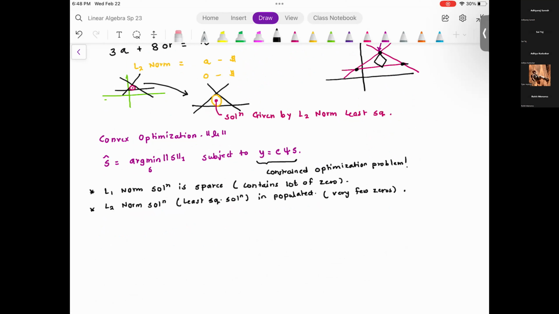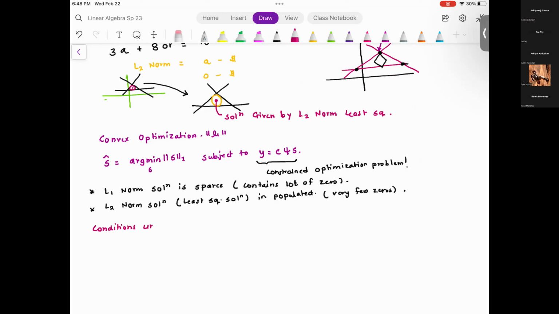Now, what I want to do is give you the specific conditions under which this is possible. And this is something that we have to remember.